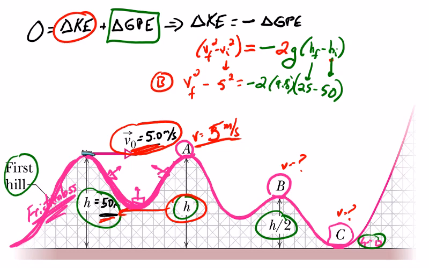So as I work this out, the left side here is going to be VF squared minus 25, and then on the right side, this negative sign is basically going to turn this around. So it's going to be 50 minus 25 instead of 25 minus 50. So it's going to be a 25 over here. So I'll write a 2 times our 9.8, and then this is just going to be 25.